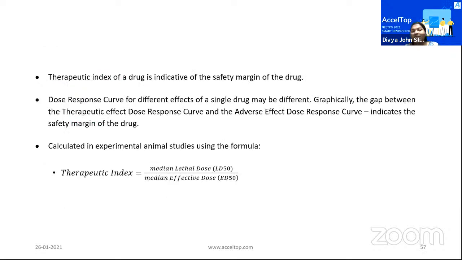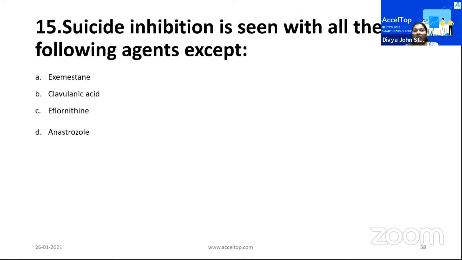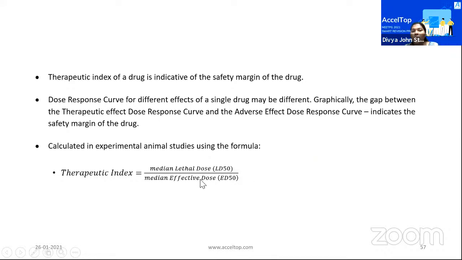Right. So in animal studies, I was telling you, your therapeutic index is calculated as median lethal dose by median effective dose. Okay. So I'll go back again. The median effective dose, or the denominator, should be small in comparison to the median lethal dose for the therapeutic index to be high, or for the drug to be safe. Okay.